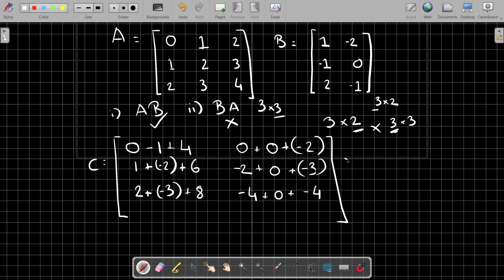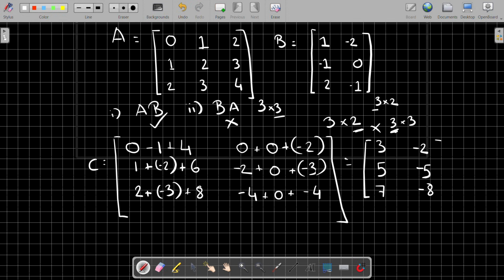So if we simplify this, minus 1 plus 4 is 3, 0 plus 0 plus minus 2, minus 2, 1 minus 2 plus 6, that is 5, minus 2 minus 3, minus 5, 2 minus 3 plus 8, 7, minus 4 minus 4, that is minus 8.